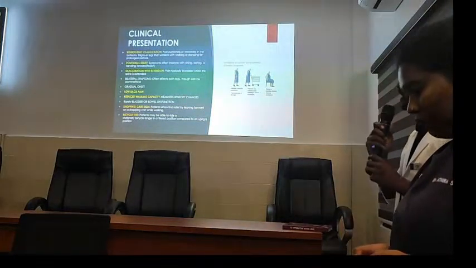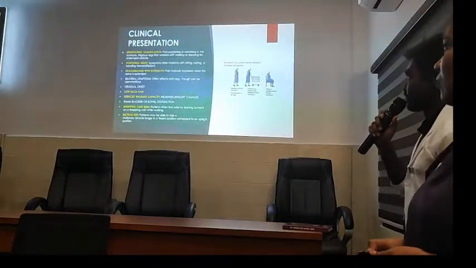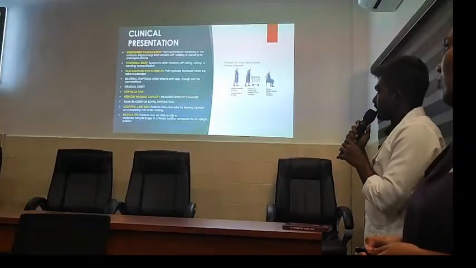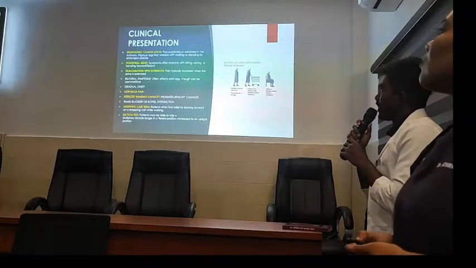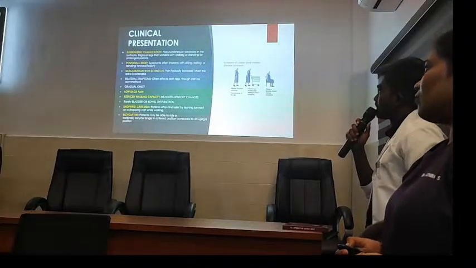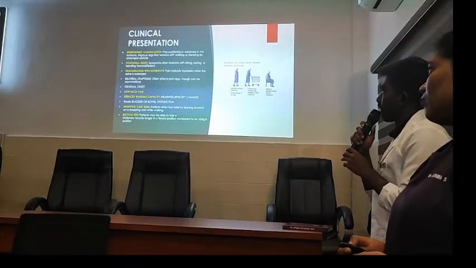Clinical presentation: neurogenic claudication. In neurogenic claudication, there will be pain, numbness, and weakness of the buttocks, thigh and leg that worsens with walking or standing for a prolonged period.